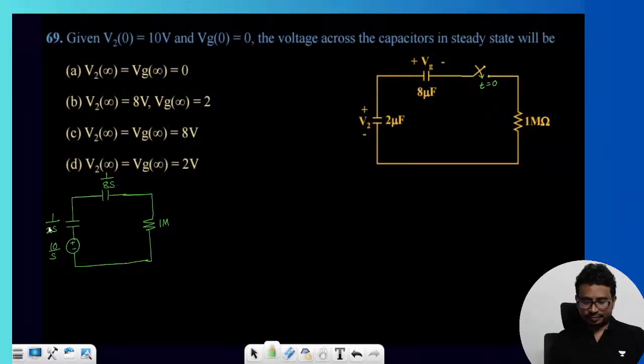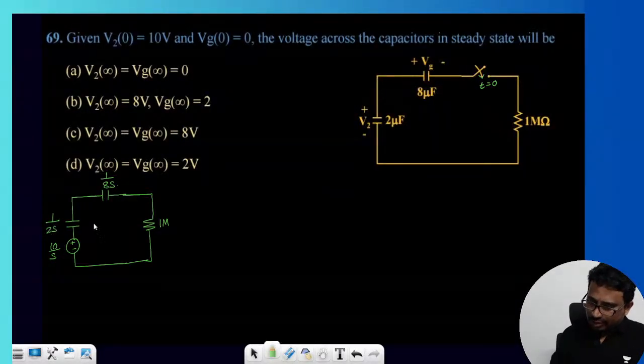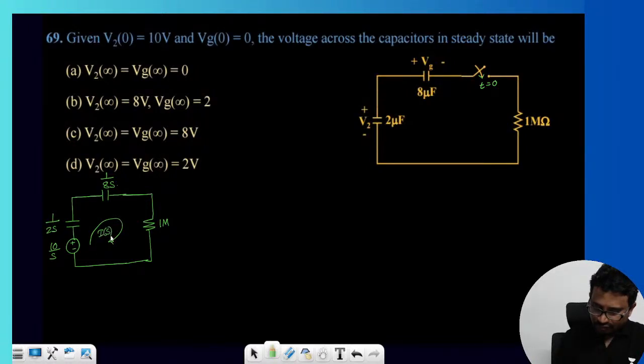Okay. Now again here we can find the current through the circuit in S domain. Thereafter we can find the inverse Laplace. You tell me now, how much is this I of S?